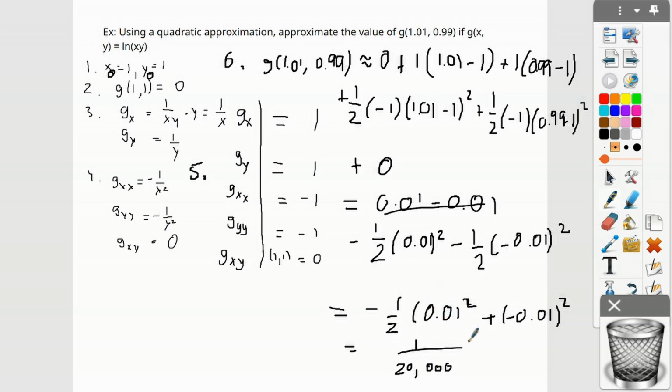Because this is 0.0001, so 10 to the negative 4th power. Actually, no, sorry, 1 in 10,000. Because these add up, and then you get 0.0002 divided by 2 is 0.0001, and I forgot to add a negative. It's negative this. This is bad writing for me. There you go. So it's 10 to the negative 4th is the answer.